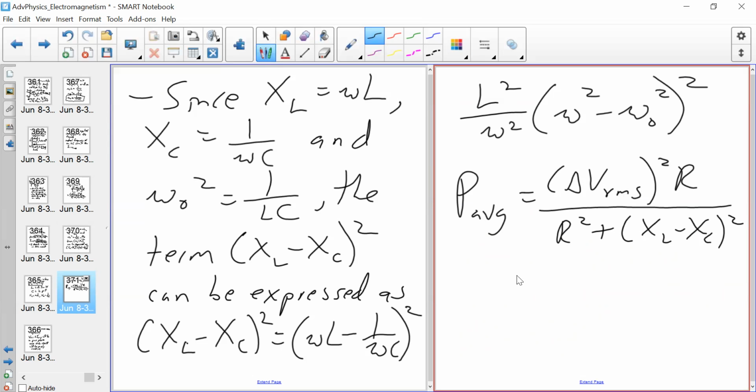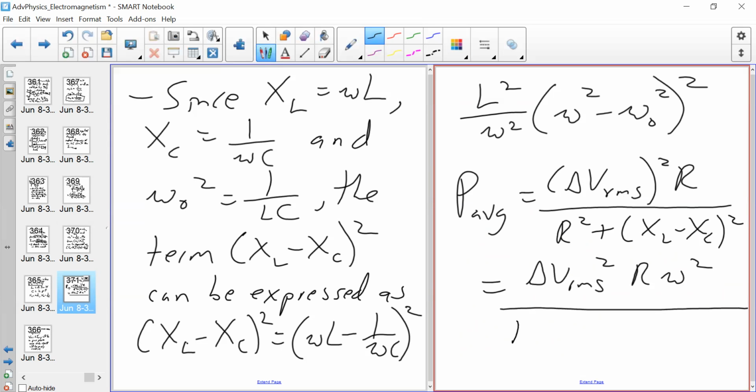The original expression that we had becomes delta V RMS squared R omega squared over R squared omega squared plus L squared times omega squared minus omega naught squared squared. So that would be our average power in terms of the resonance frequency.